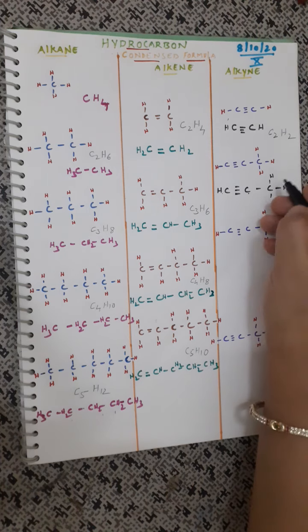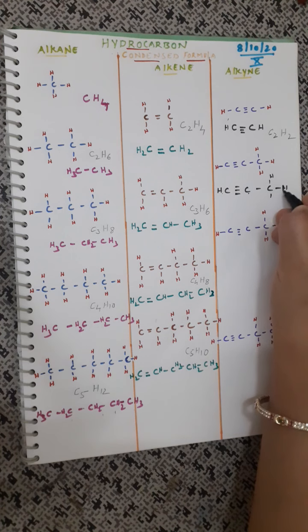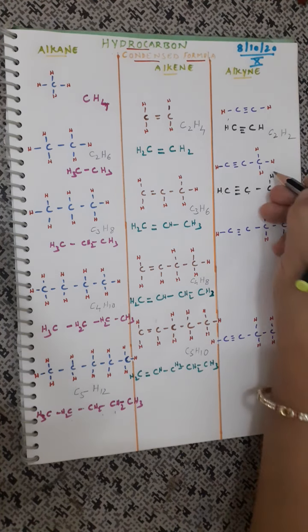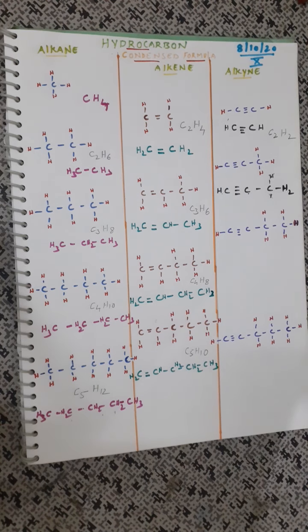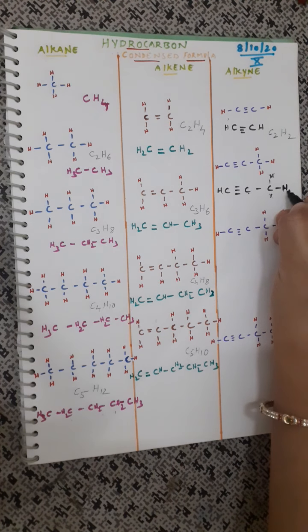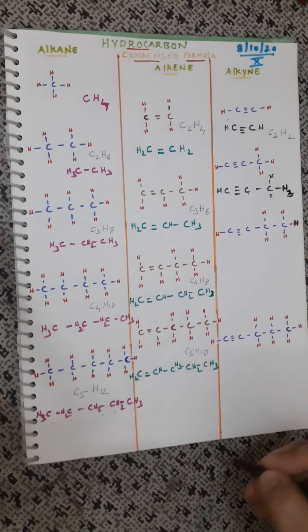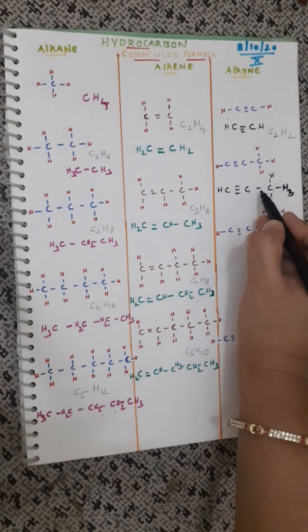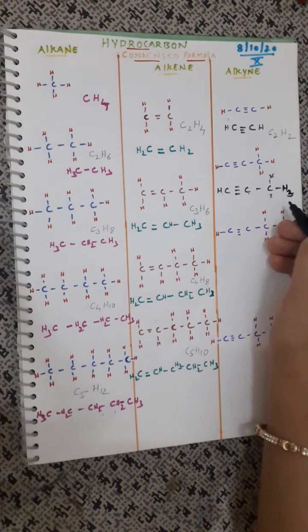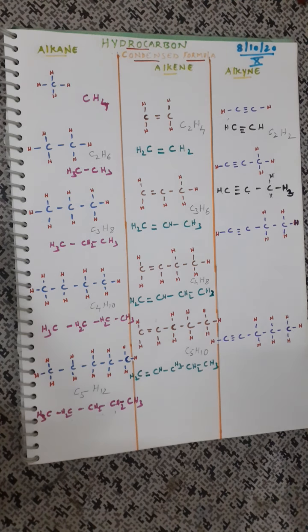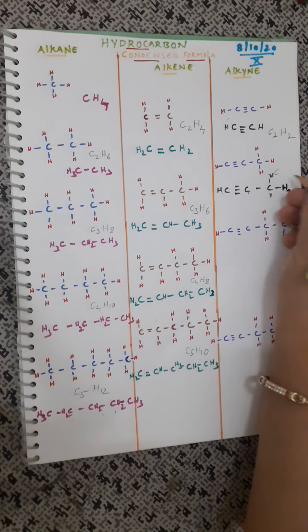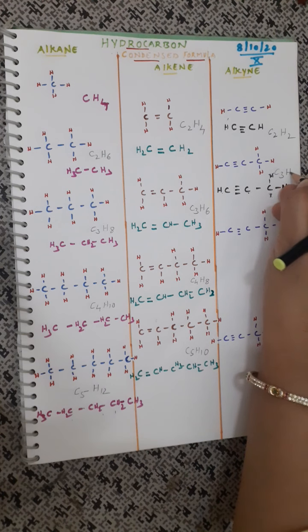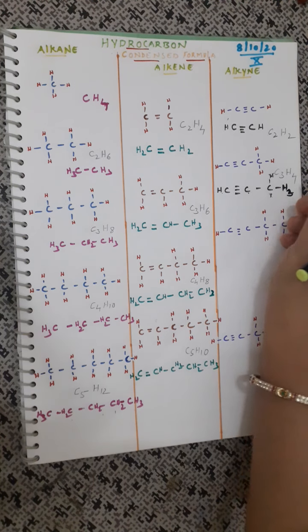So CH, triple bond C, then single bond CH3. Okay, I made a mistake while writing, children, ignore it. So the condensed formula will become C3H, how much, children? 4.